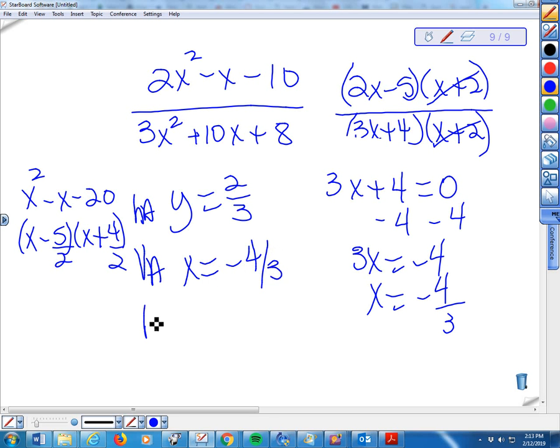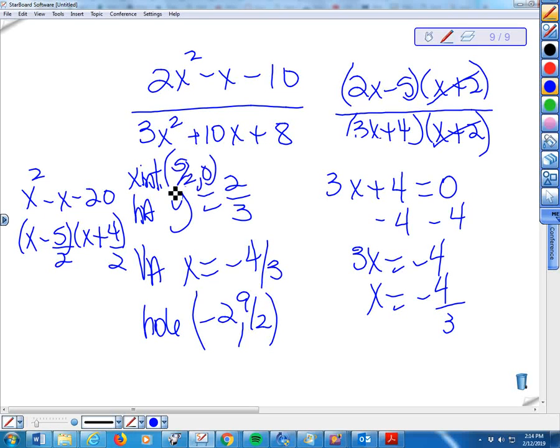My hole is at negative 2, 9 halves, I think is what it was. My x-intercept happens to be at 5/2, 0. So I'm starting to pull the pieces together that are necessary to give me a picture of what this graph looks like.